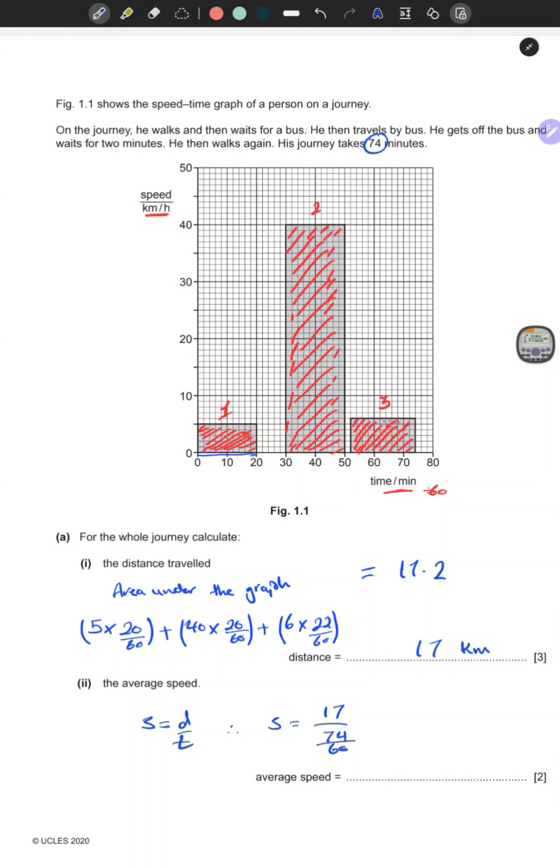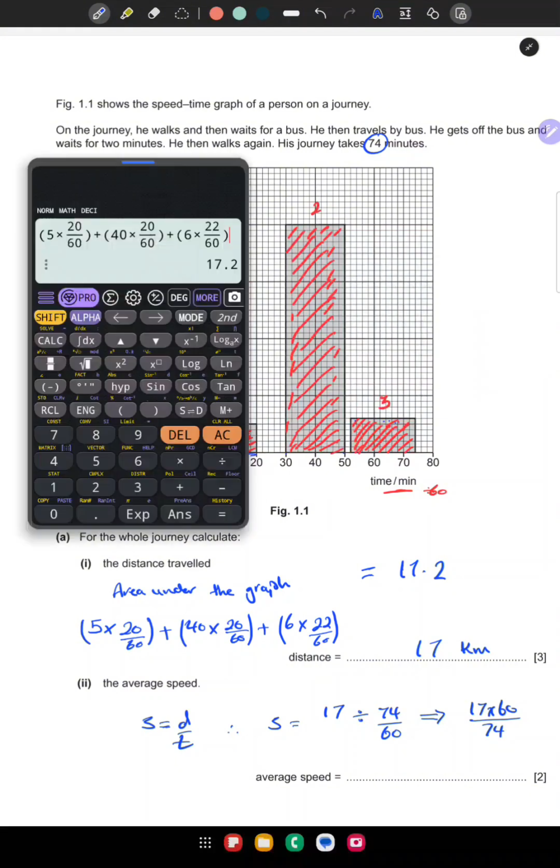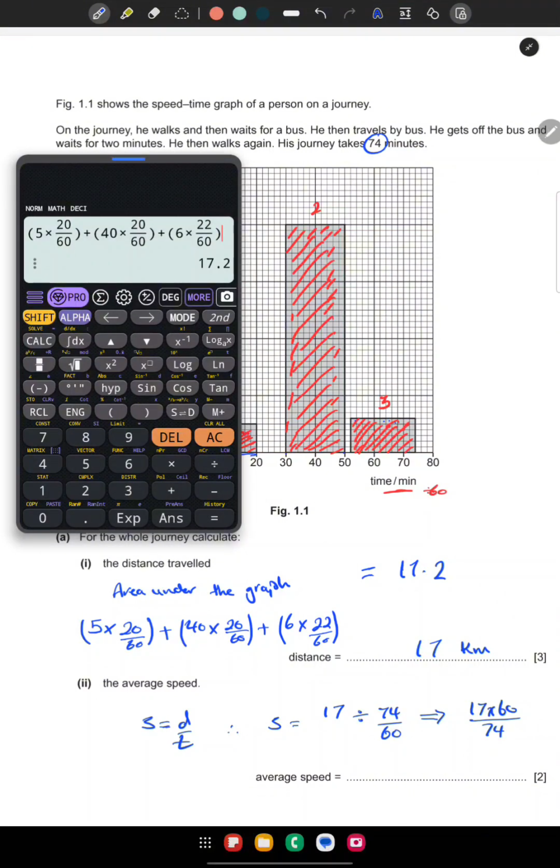So 17 divided by 74 over 60, therefore it will change to multiplication: 17 times 60 divided by 74.